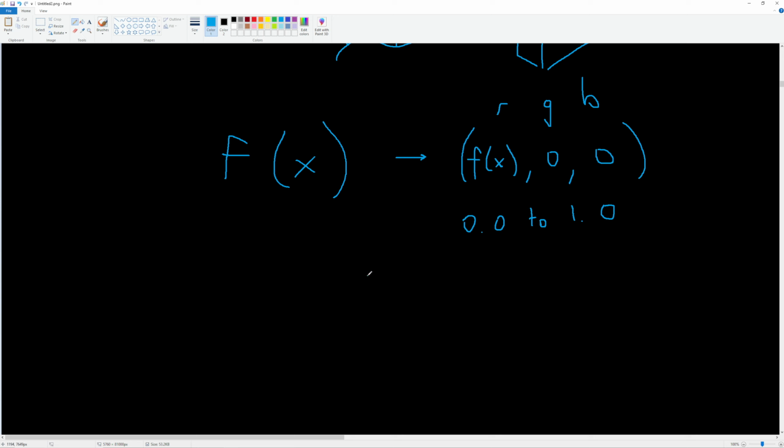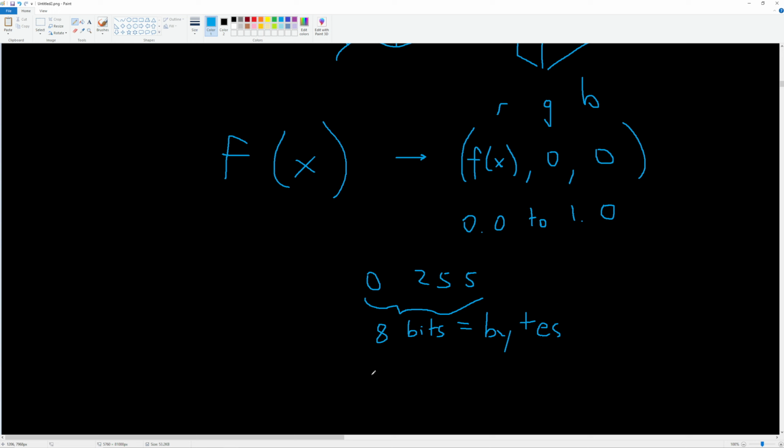Sometimes you'll see where it ranges from 0 to 255. This is because this is for each of them. This is because this is 1 byte of information, which is 8 bits. I don't have time to explain why we often do things this way historically, but this is something you'll see.